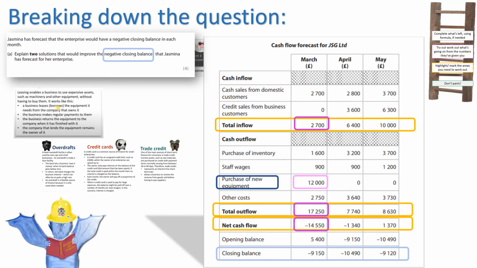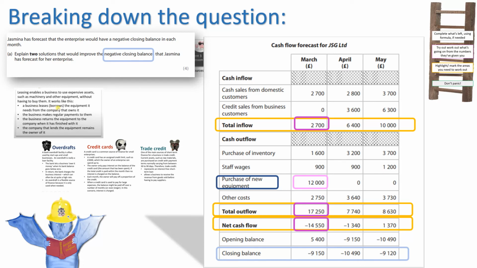Now remember what the question's asking you. It's asking you to explain 2 solutions that would improve the negative closing balance. 2 solutions, that's 2 things you've got to discuss, and if you look at the points, it's 4 points. So you need to identify the solution, and then you need to give the reason why that solution would improve the negative closing balance.